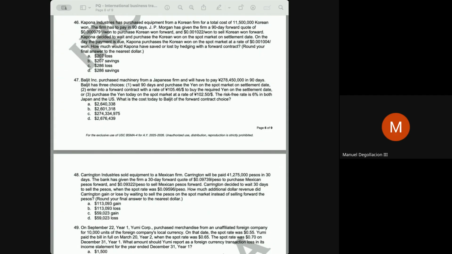And then, since the problem gives us the risk-free rate, we're trying to get its equivalent value. Since we'll be paying the 2,640,000 90 days from now, we are going to work back to the present value of this 2,640,000.